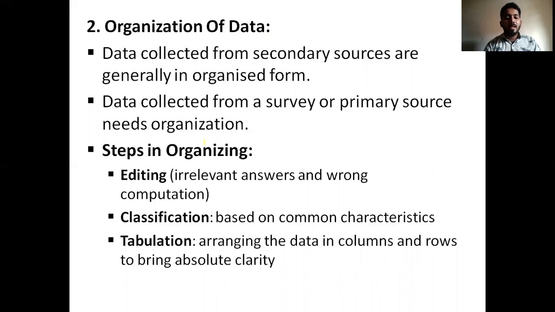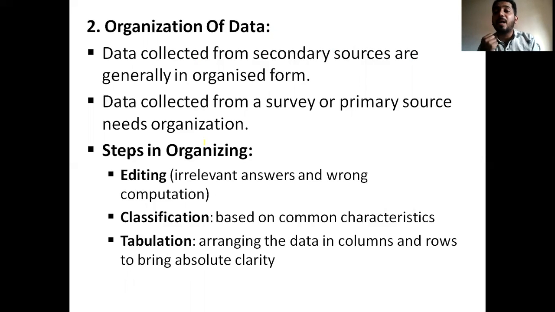And third one, that is tabulation. Now what is tabulation? Tabulation means it is nothing but tabular presentation. Tabular presentation means presenting or arranging the data in columns and rows. Dear students, by using the columns and rows, if you present the information, if you arrange the information, why do we need to arrange the information in columns and rows?